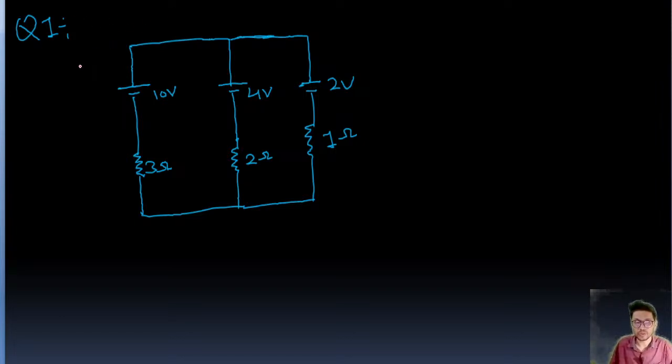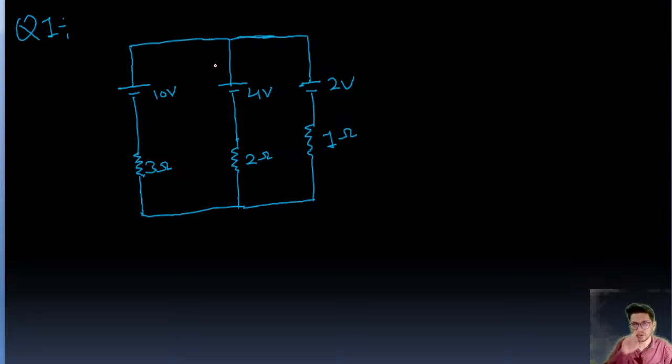Some questions we have already solved in my previous lecture. So how are we going to solve this one? This is a little bit different from the previous questions, and there's a procedure for solving it. The voltage at these points should be equal.